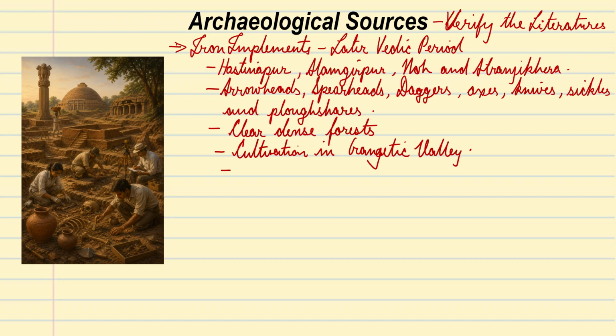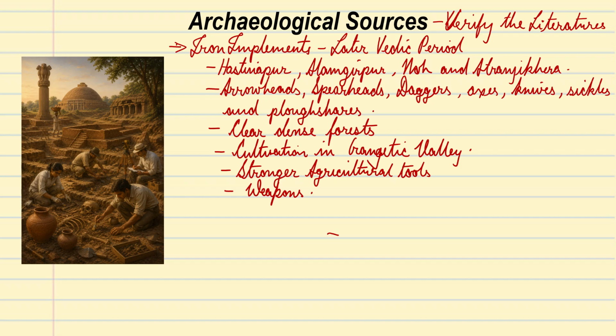Other than that, there were stronger agricultural tools, and iron was also used to produce stronger weapons. Hence, the security was more guaranteed. So, iron contributed significantly to agricultural settlements and political power during the later Vedic age.